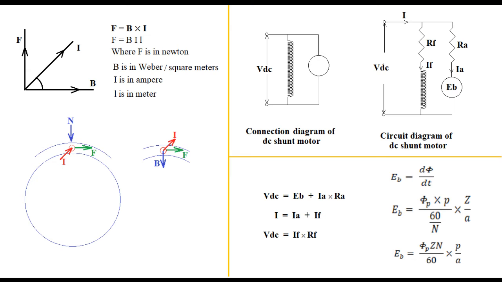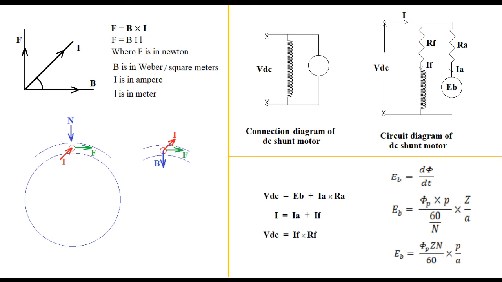We may summarize the operation of the motor as follows. When DC voltage is given to the shunt motor, current passes through both windings. Field current produces magnetic flux, and the conductors of the armature windings find themselves in the magnetic field and also carry some current. This leads to a situation where current-carrying conductors in the magnetic field experience mechanical force.